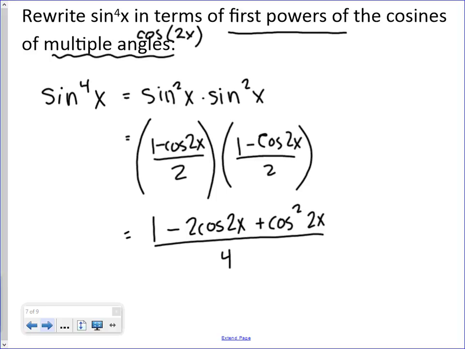And I'm kind of sad now, because what did I just do? I added a square. But I do have a power reducing formula. Okay, so now we got to use the power reducing formula again.